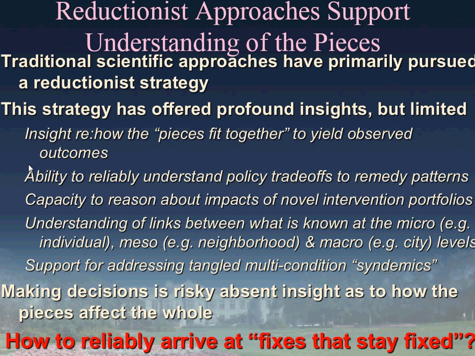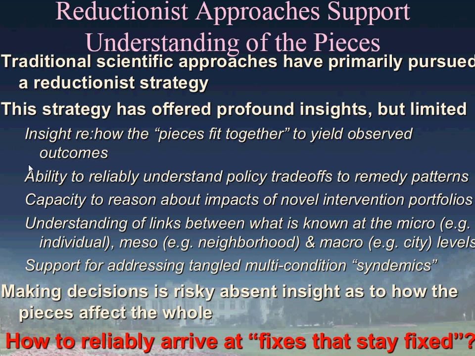Reductionist methods have yielded great understanding of certain links that operate, but often provide limited understanding of the links between what is known at the micro level and higher levels of observed patterns of health outcomes.